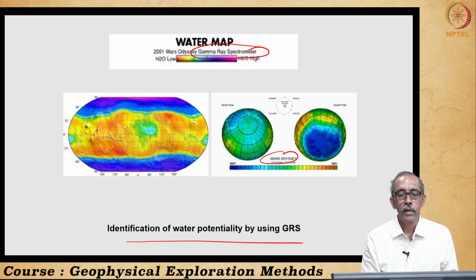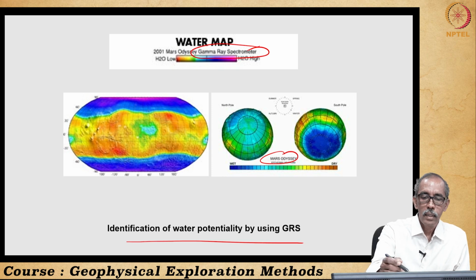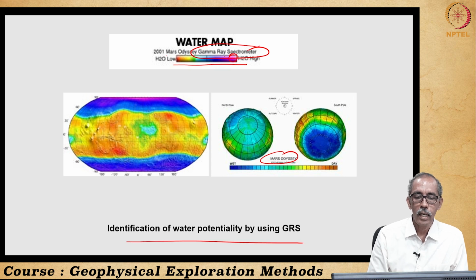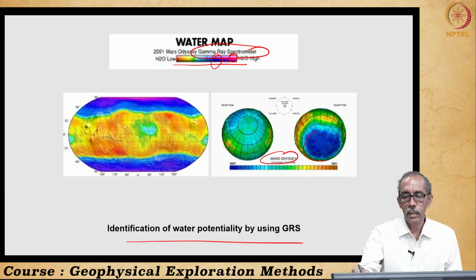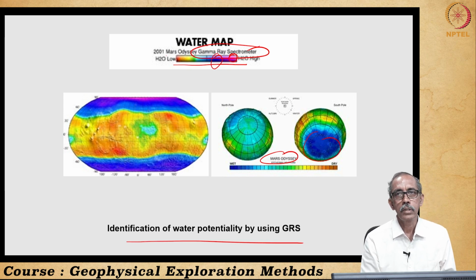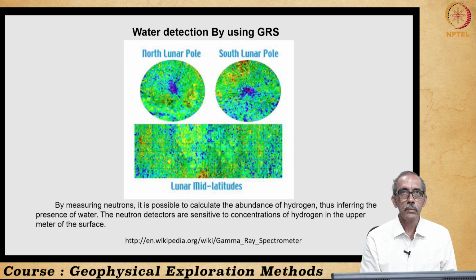If you look at the scale here, anything of this color is likely to have a higher amount of water. This is how they have put the scale, but there is not much presence of water on Mars. Maybe this one can have a little bit. This blue color shows the presence of water, using the gamma ray spectrometer.